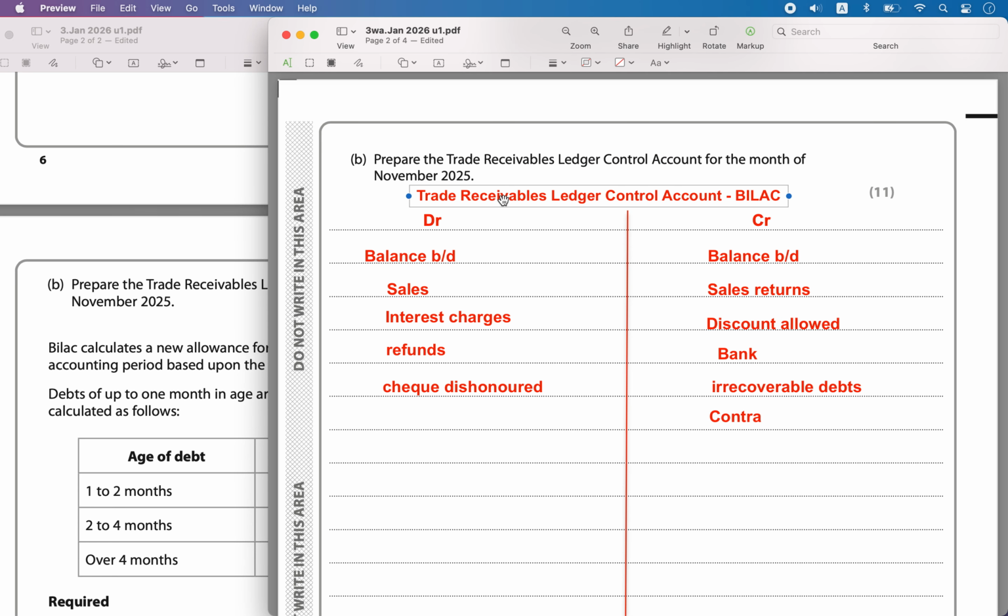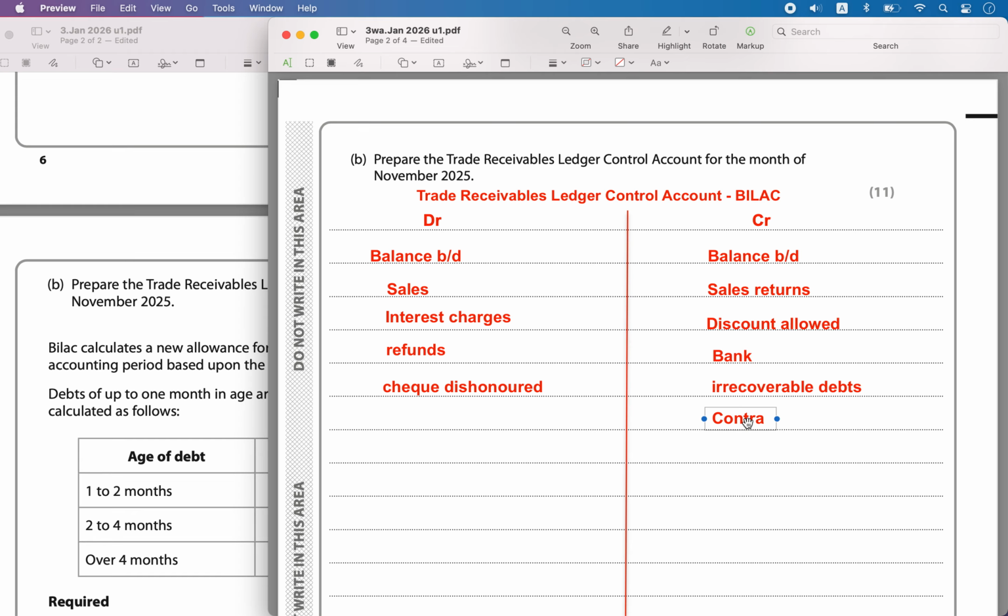So this is how the trade receivables ledger account looks. On this side you will have the balances at the beginning. Then you will have sales returns and the discount allowed to the customers, and some of them you will get through the cheques. The sales which have happened will come through the cheque.